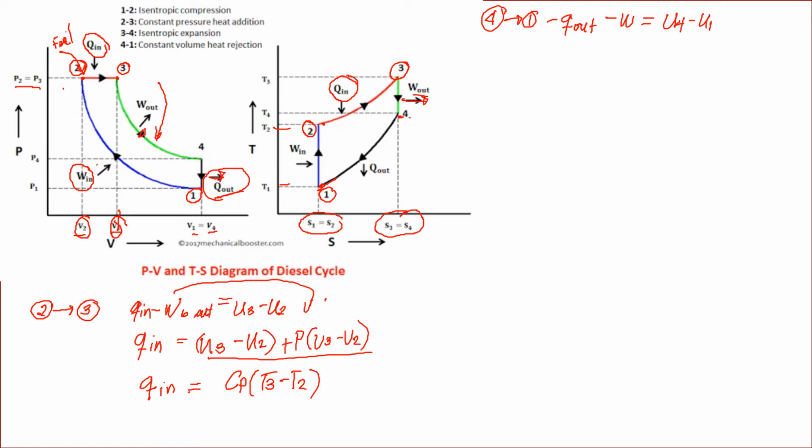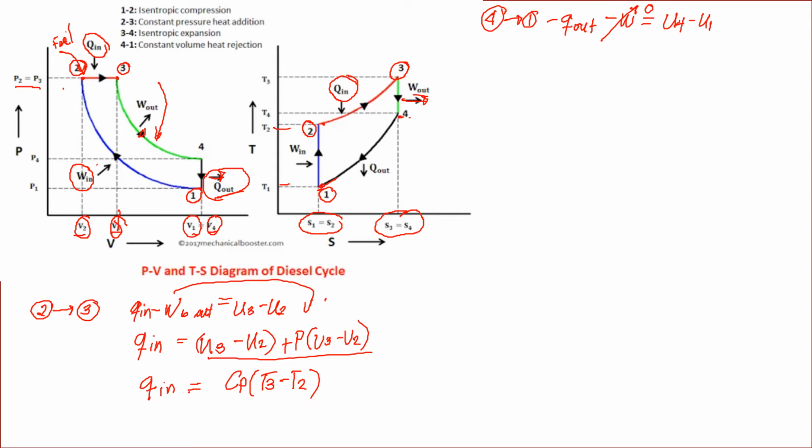We take note that volume 1 and volume 4 are equal, so that means it does not produce work. So we make this one 0.